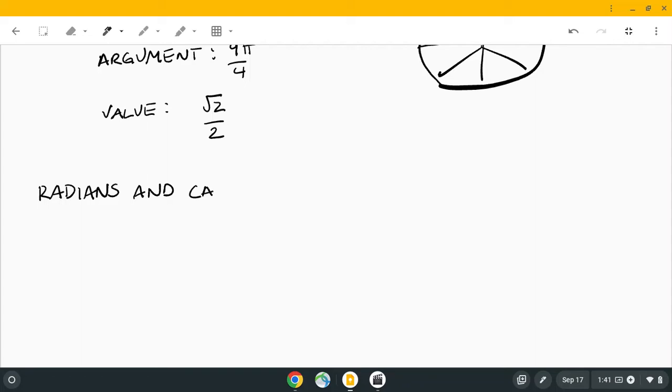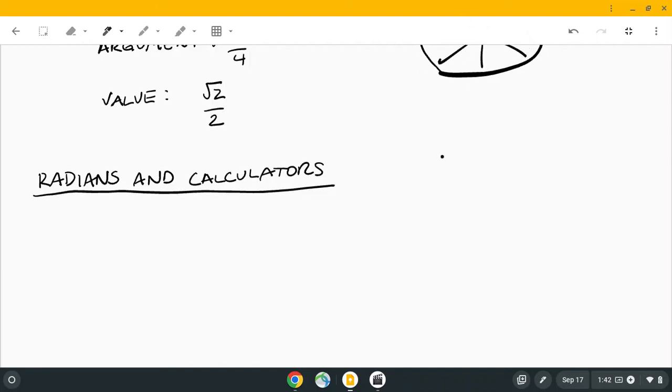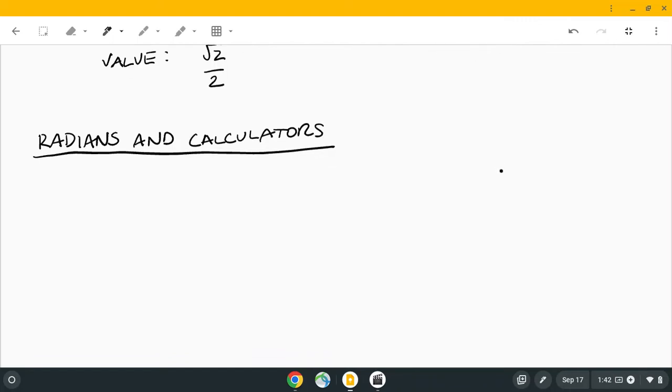Just like when we were dealing with degrees, when we're outside of those quadrantal angles and those three basic ones, we are going to use our calculator. The important thing is to make sure that your mode, degrees, radians, and there's a third unit of measure, gradients, is set to radians. So just be careful with that.